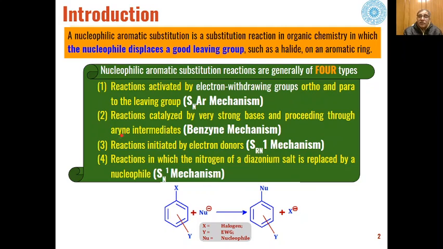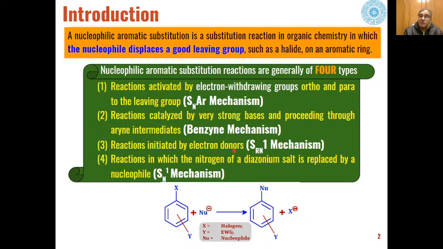Then the third type of reactions are those where the reaction is initiated by electron donors. Such types of reactions follow the SRN1 mechanism. So a free radical type of mechanism is followed in such reactions, that is substitution radical nucleophilic unimolecular.